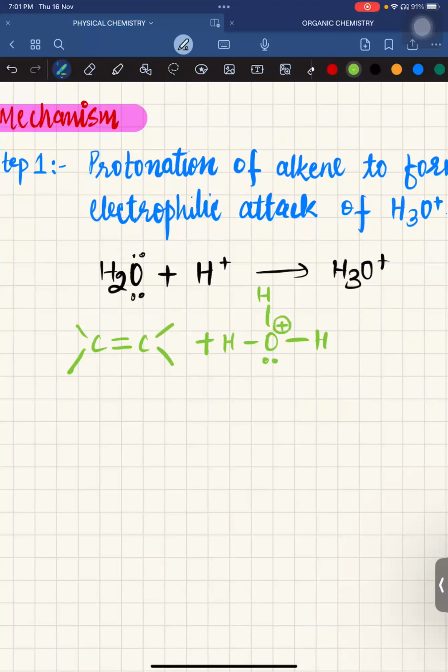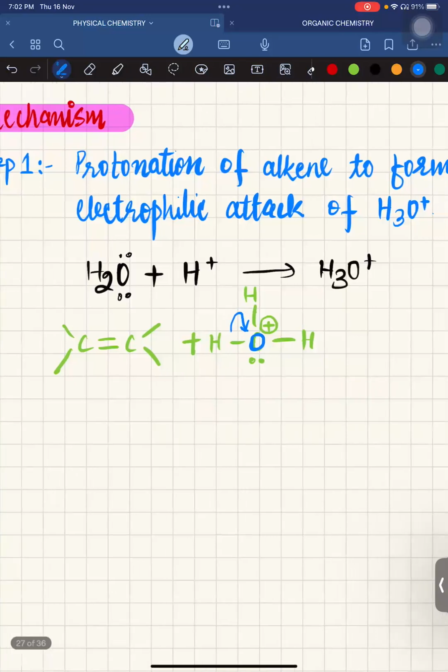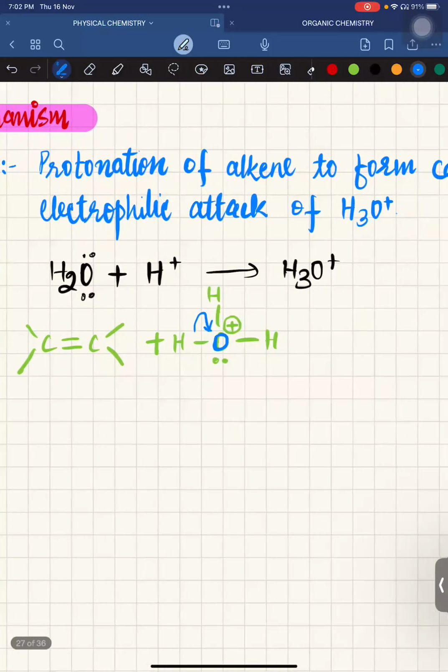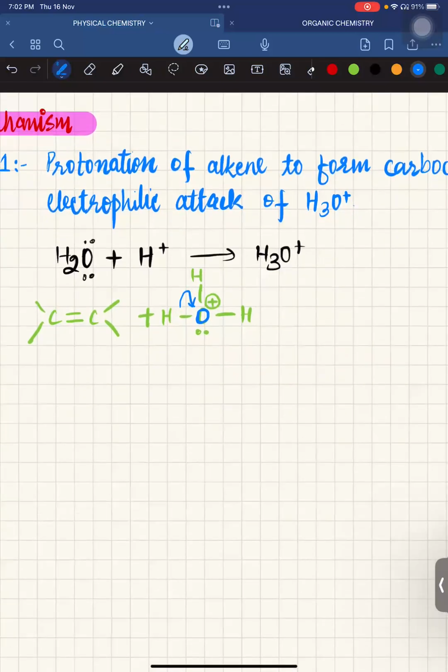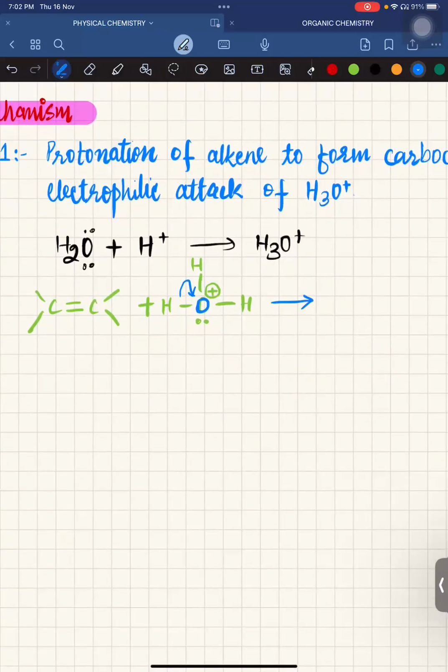Now what will happen? Since there is a positive charge, this alkene acts as a nucleophile. First of all, there is positive charge on oxygen, which means it is highly unstable. So what will this oxygen do? It will take the electrons from hydrogen to stabilize itself. When it does, O becomes neutral and it will be removed in the form of water. Now this hydrogen is H plus.